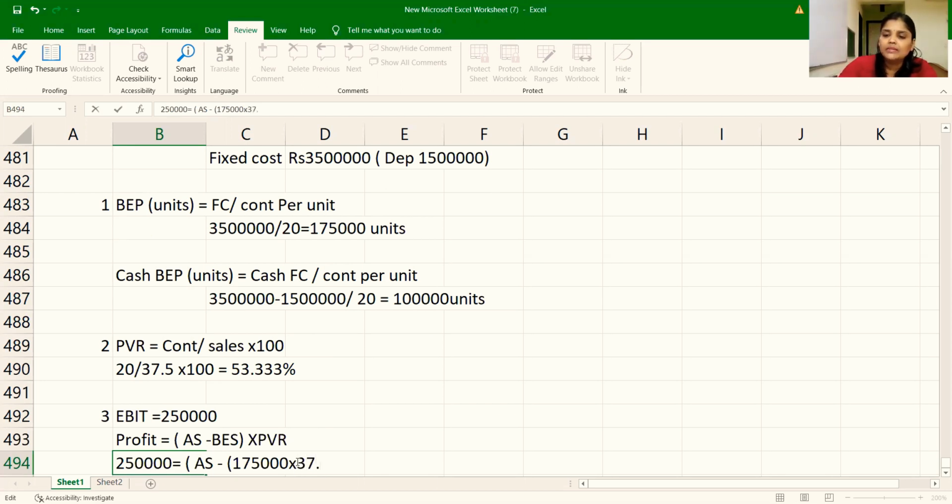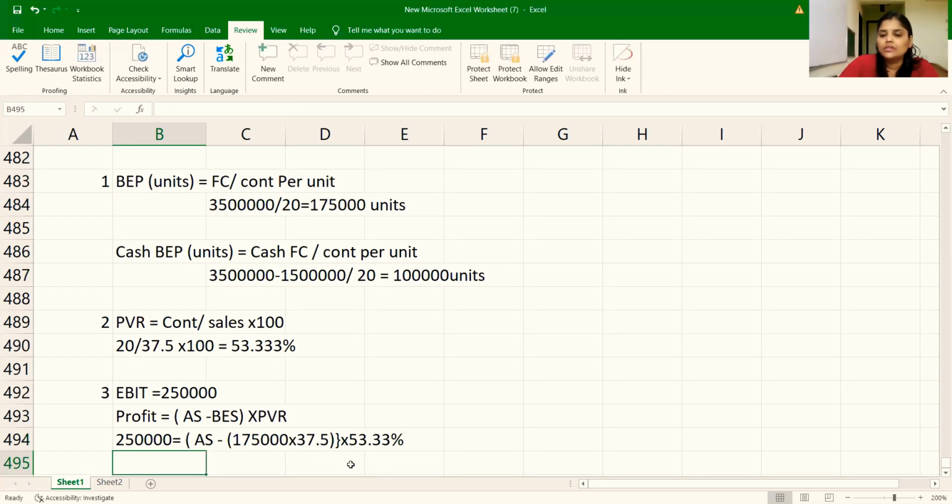Selling price is 37.5. So if you multiply this with the selling price per unit, you will get break-even sales in terms of rupees. This multiplied by the PV ratio, 53.33%. Now you solve this equation, you will get your answer.